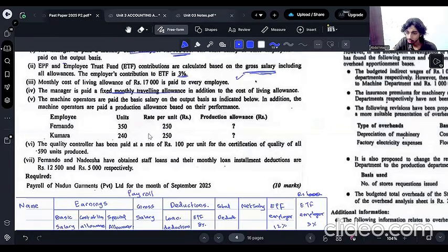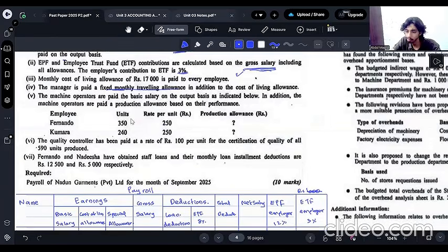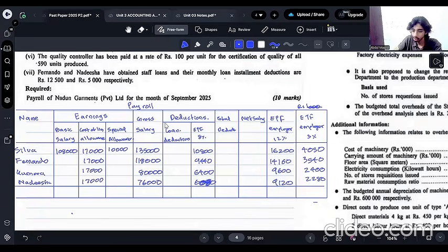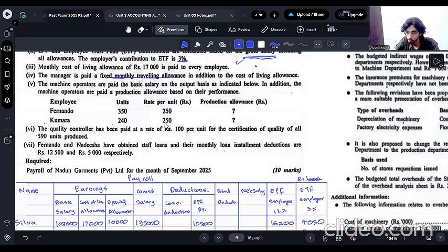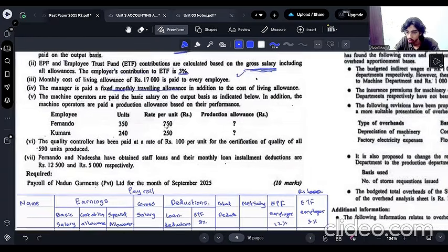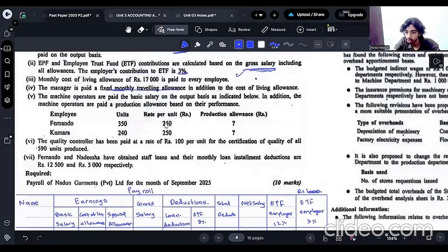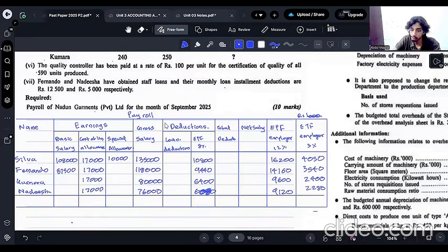So here, first of all, we'll find the basic salary. Basic salary is paid based on the output. 350 units into 250 per unit, 87,500. And for Kumara, 240 into 250, 60,000.